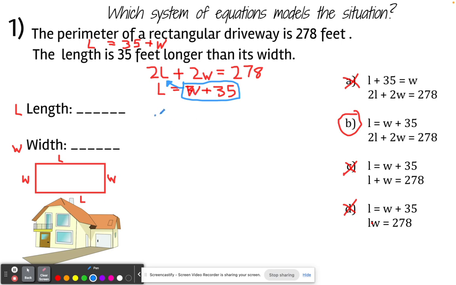So now let's rewrite our equation. 2 times the quantity W plus 35, that package right there, plus 2W equals 278.